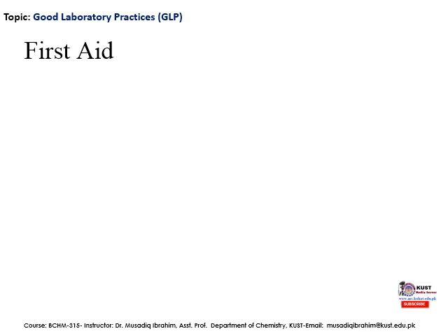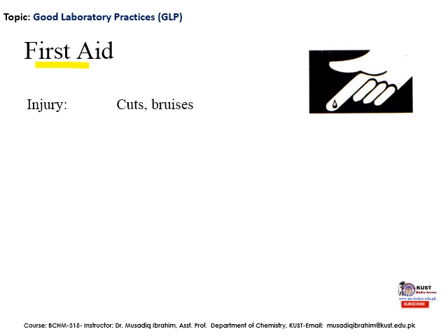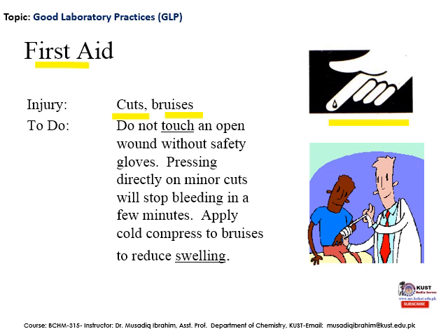Now moving on with first aid, the injury can be cuts or bruises within the lab. There is a possibility as you are handling glassware. So what to do? Do not touch an open wound without safety gloves. So you should be wearing safety gloves and then you can touch the wound, and pressing directly on minor cuts will stop bleeding.